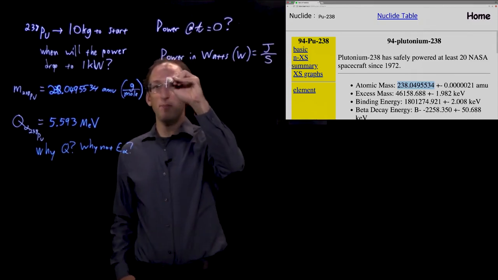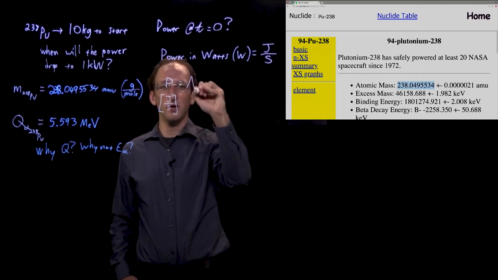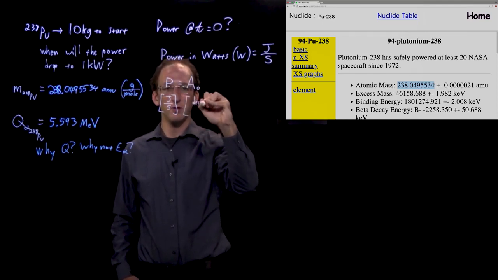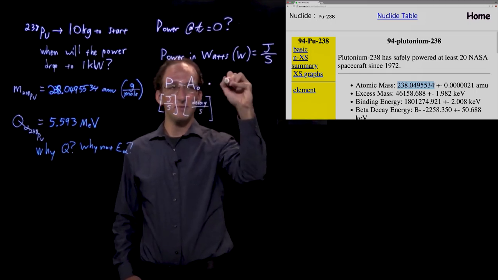So anyway, we know that our power, which is in units of joules per second, is going to be related to our radioactivity, which is in becquerels, or decays per second, times the Q value.